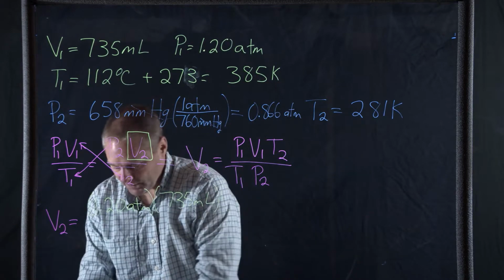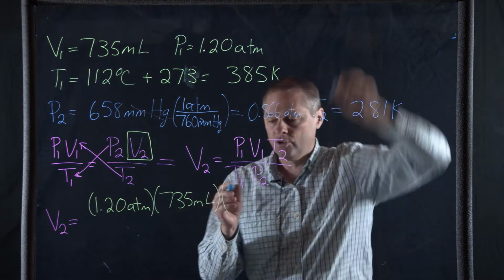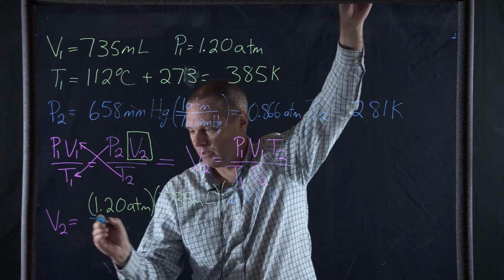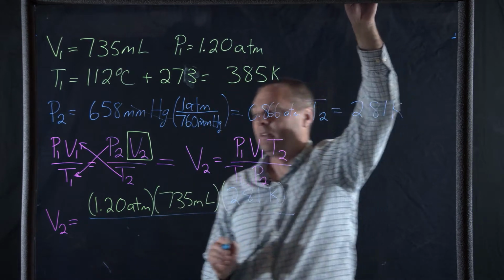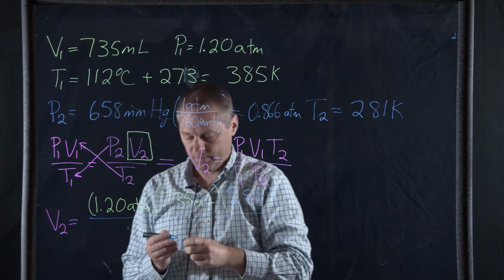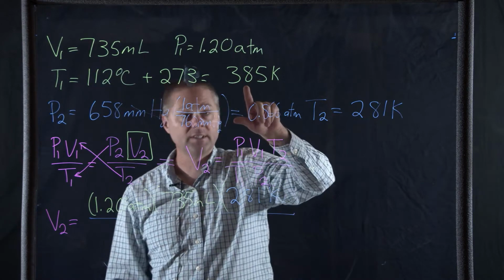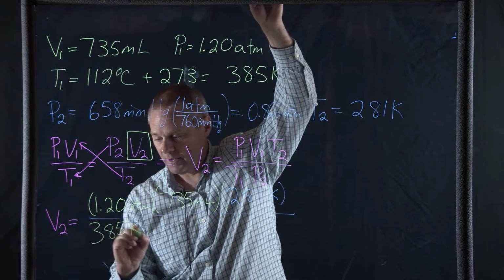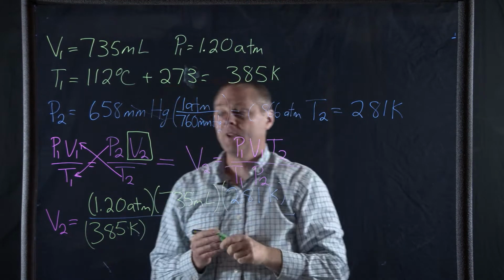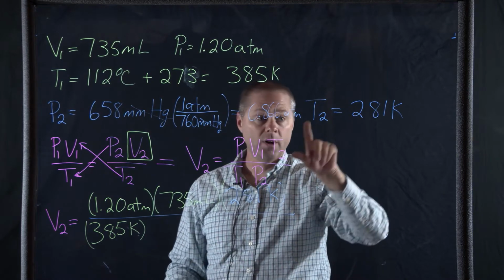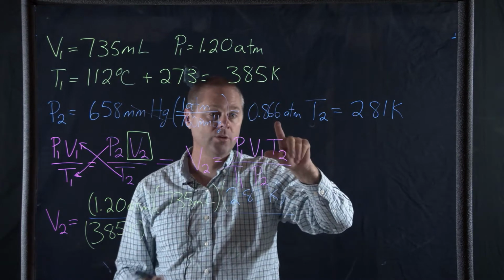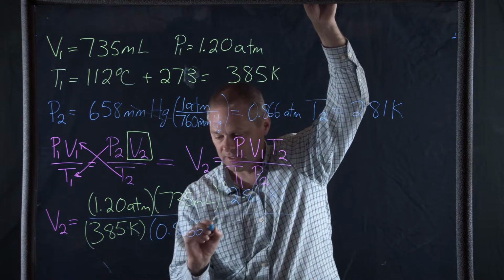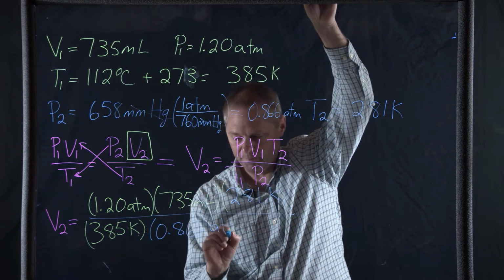T2 is going to be 281 Kelvin, all right? We're going to divide all that. Now we have T1. T1 is going to be 385 Kelvin, all right? And now we have P2. P2 is going to be equal to 0.866 atmospheres. All right?